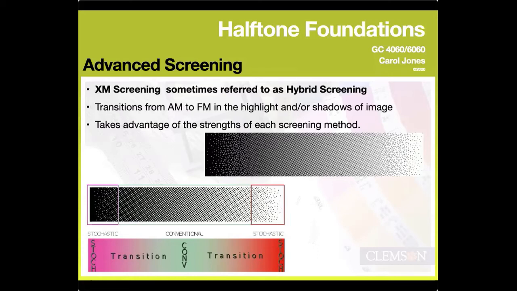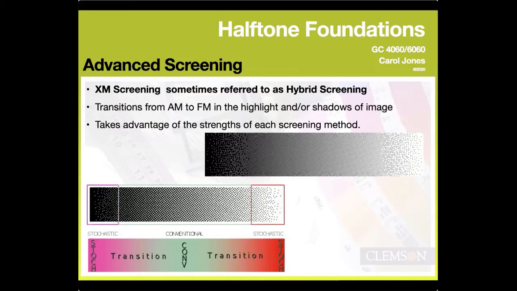With a lot of our software, we actually can do object-based screening. And we'll get more into that when we start looking at how we utilize some of the software to manipulate the images that we've created, whether that's text, line art, gradients, screen tints, overlapping screen tints, or if we're talking about process color images or halftone images, we can actually apply object-based screening. So in that case, we could change what we have applied to one part of our image.